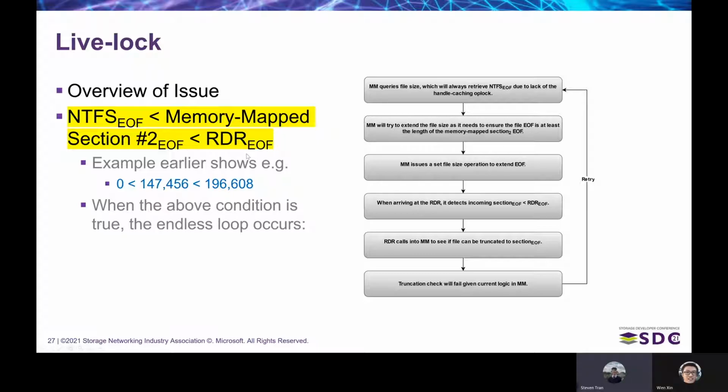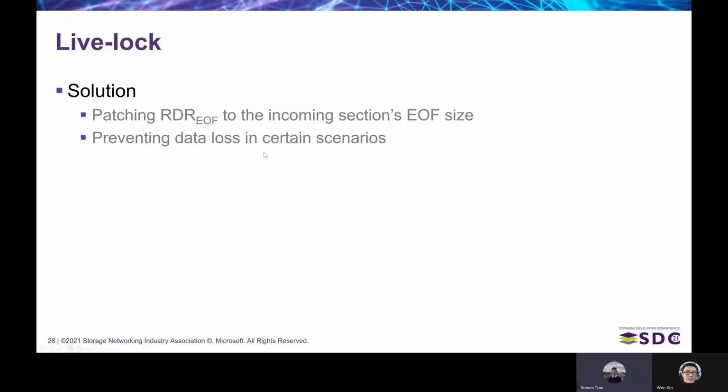If we go to our next slide to take a look at the solution, it is to patch the redirector end of file, the 196,608 bytes earlier, to the incoming memory map section's end of file size. This way, the condition highlighted in the previous slide would no longer be satisfied, as we are now patching the file size to be, for example, 147,456 bytes instead of the 196K.